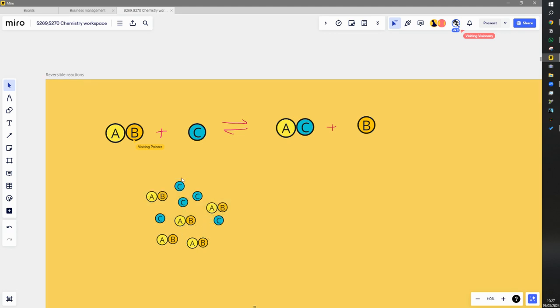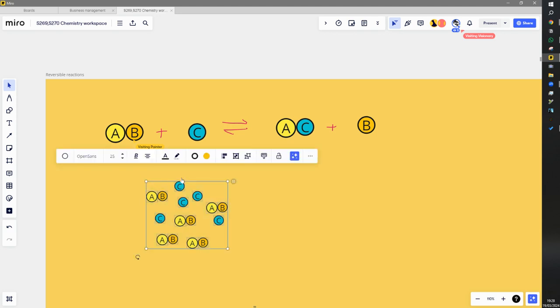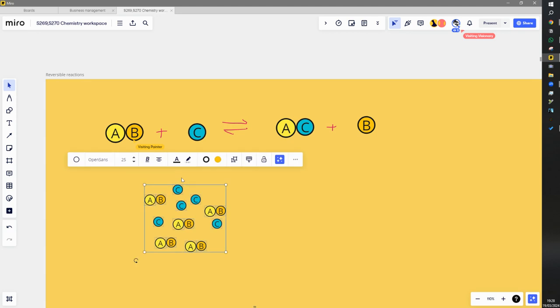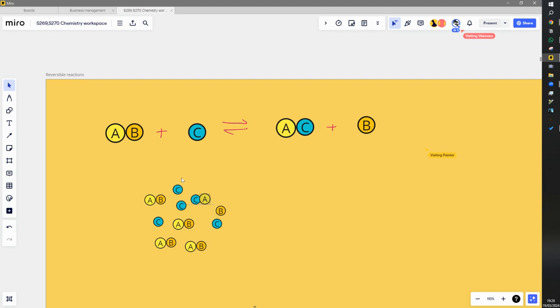And if you watch them for a little while, they'll whiz around and start banging into each other, and we'll end up with A joining to C, and then like this, right? So this is going to start to happen.